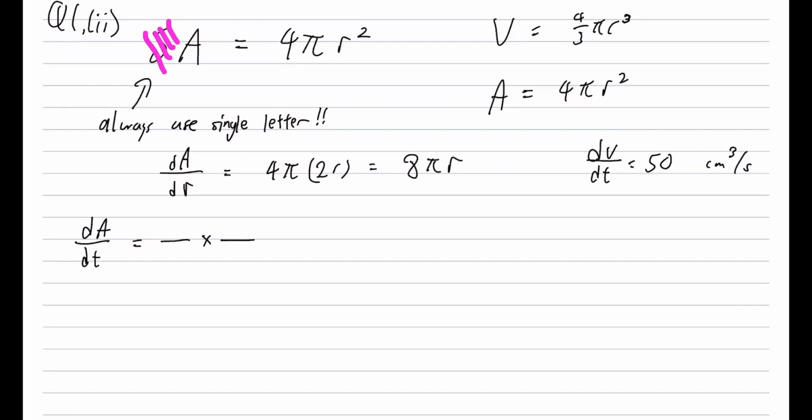You have dA over dr. The other one is dr over dt, but dr over dt is the same as 1 over dt over dr, which you have also. Do you need to reciprocal here? Look carefully at what you have.